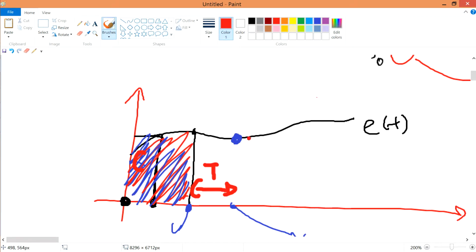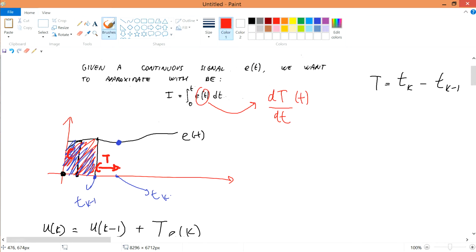And then if you multiply with an impulse at k, this is called ek. If it's impulse at ek minus 1, then it is impulse at this point. So be careful of that. So t times ek, you'll get this rectangle.